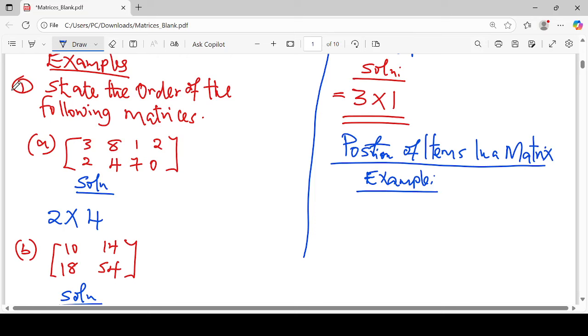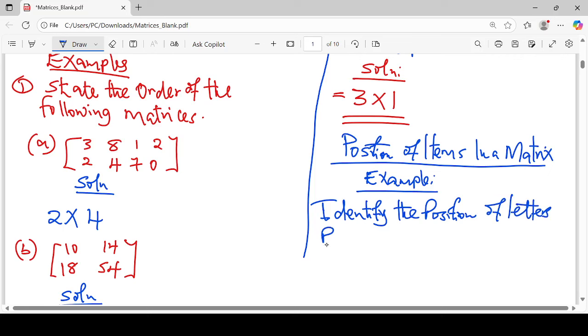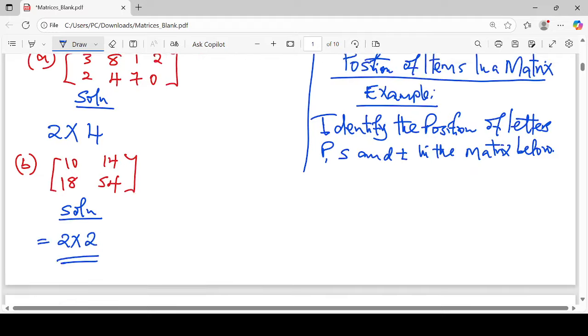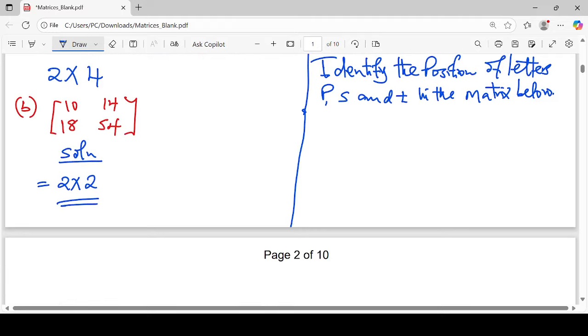Let's say: identify the position of letters P, S, and T in the matrix below. Then look at our matrix.